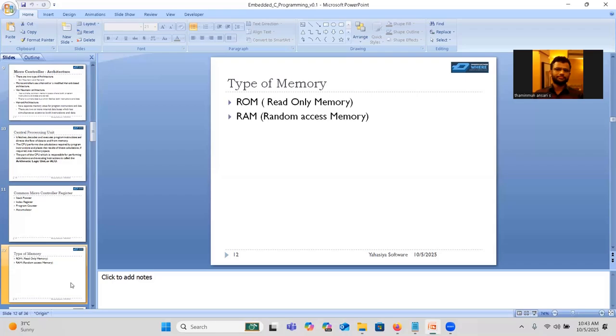RAM is called data memory, where you store all your data. In this random access memory, we can store the results of our calculations, the input variables, everything. These are the 2 major categories of memory in microcontrollers.